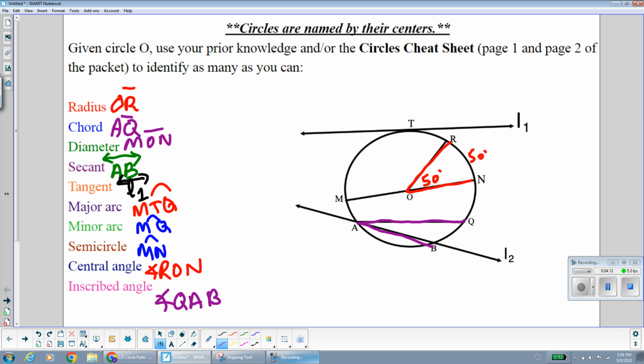Inscribed angles are half the measurement of their intercepted arc. So for example, if this angle is 35 degrees, and once again, I just made that up, that's half of its intercepted arc, the arc that it opens up to. So the arc would then be 70 degrees, because the inscribed angle is half of the intercepted arc.